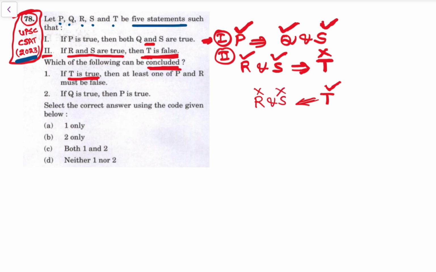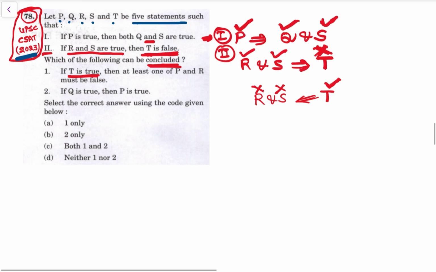The second case is T is true when R is true and S is false. The third case is S is true and R is false.